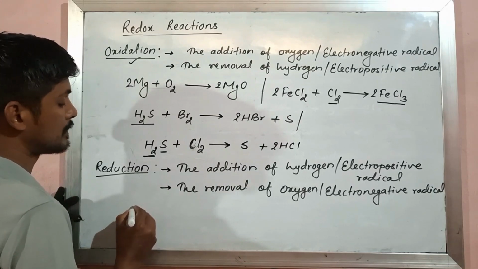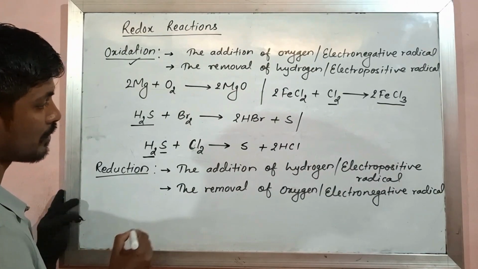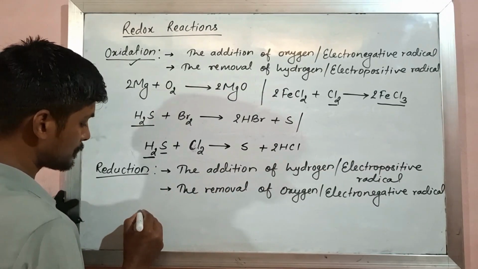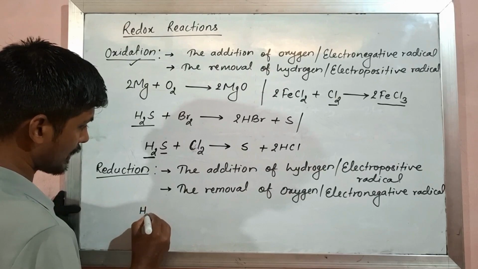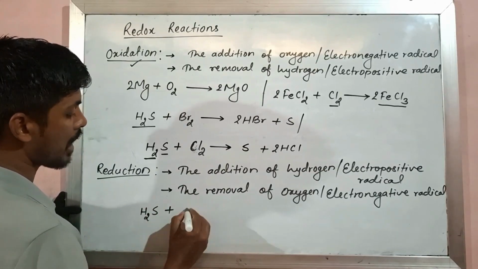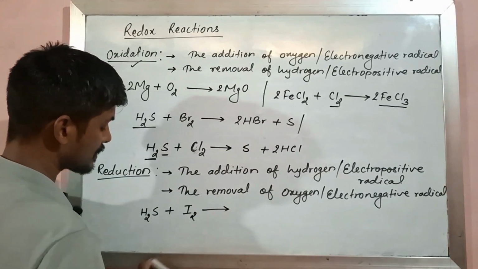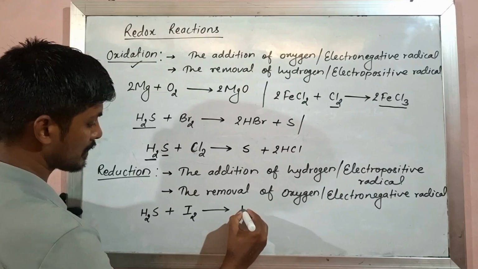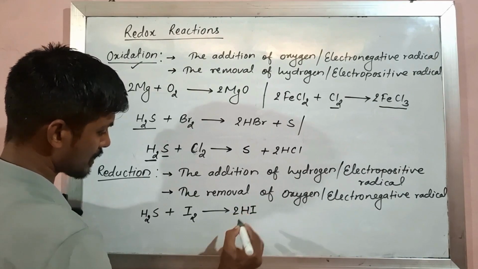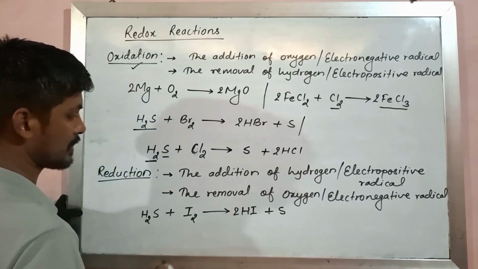Here, if we take the example of addition of hydrogen, then H2S reacts with iodine and it gives HI, hydrogen iodide, and sulfur.